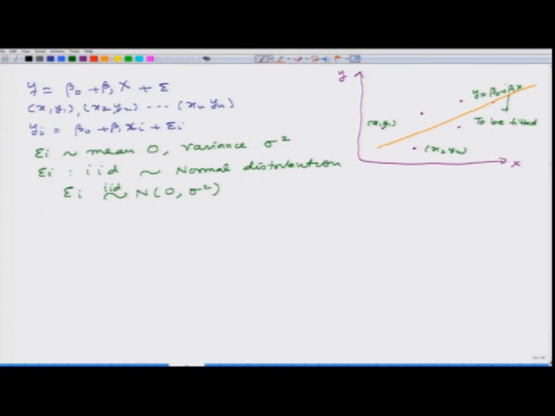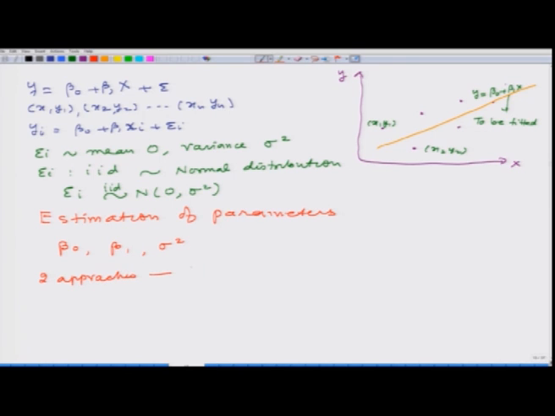So our objective now is estimation of parameters. You have to keep in mind that there are 3 parameters, beta 0, beta 1 and sigma square, that we want to estimate. Now I am going to use 2 methods or 2 approaches.